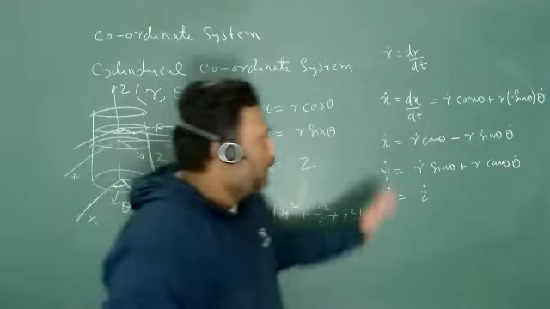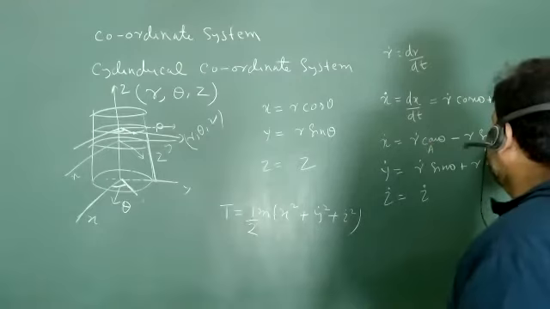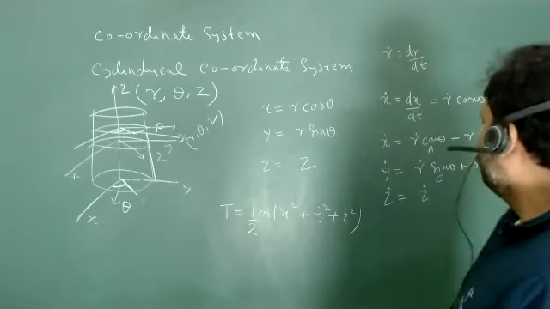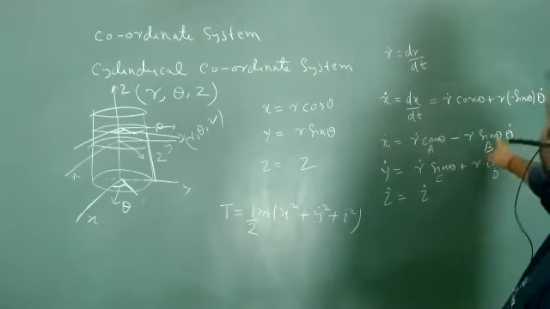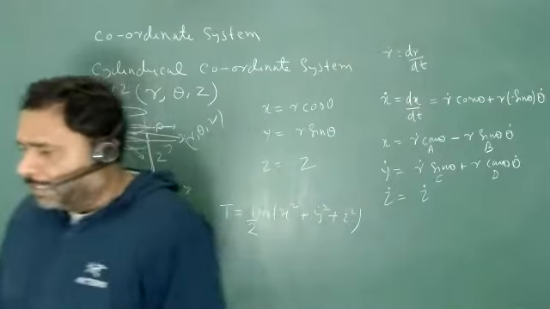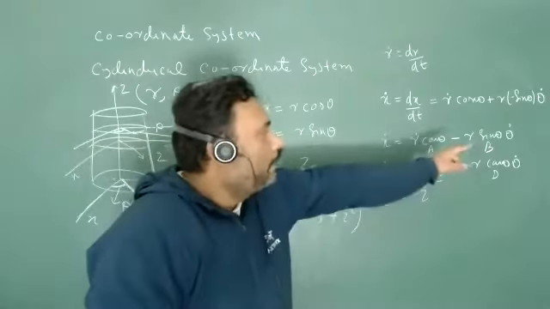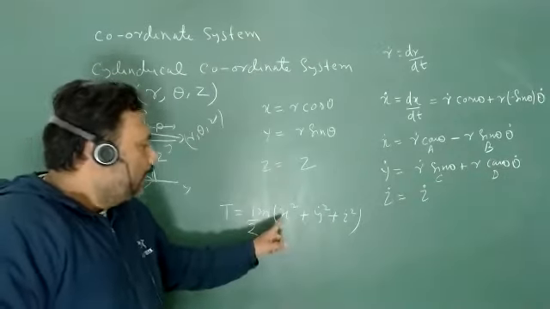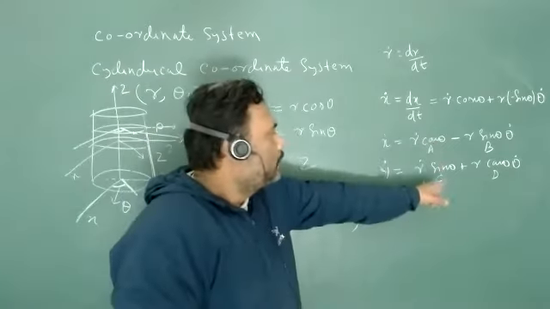Let's call the terms A, B, C, and D. Then x dot square is A square plus B square minus 2AB, isn't it? And y dot square is C square plus D square plus 2CD. Now if I write x dot square plus y dot square, then obviously we can collect A square plus C square.